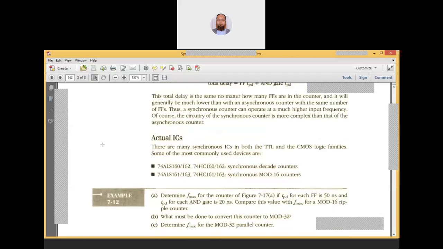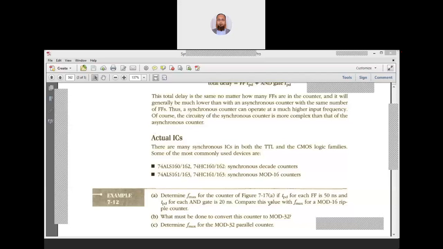Next, there is a question. I will ask you to solve it first. I'll give you 2-3 minutes for solving this question, so you have to find the answer by yourself. Part A says: determine F max for the counter of figure 7.17, the counter figure we saw above, if the TPD, the delay of each flip flop, is 50 nanoseconds and the delay for each AND gate is 20 nanoseconds.